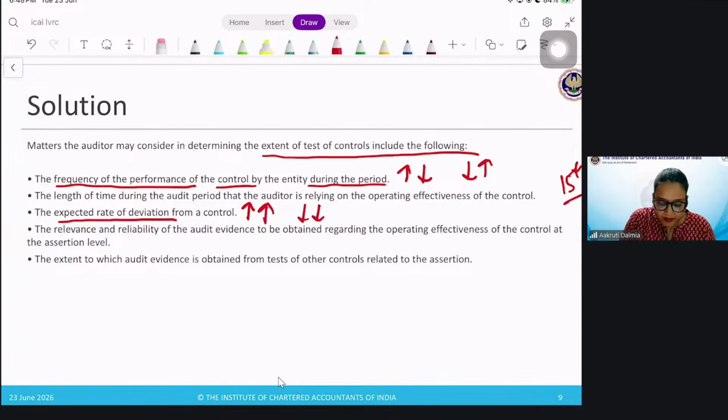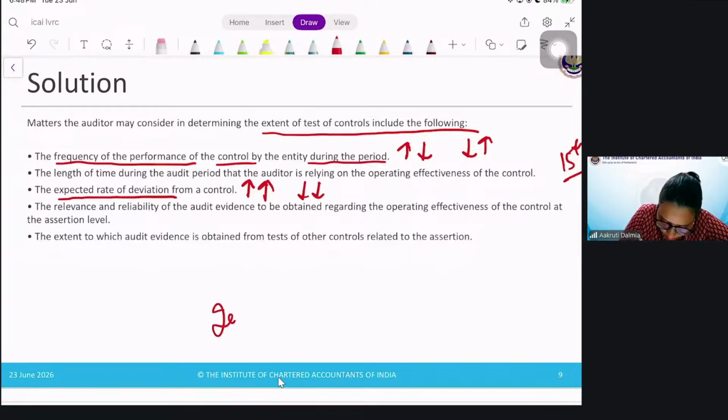The relevance and reliability of audit evidence to be obtained regarding operating effectiveness of control at assertion level. It means how important it is for me to check the control, how much it can affect my individual verification. It's complicated. It means what? So let's say you are auditing a jewelry store.